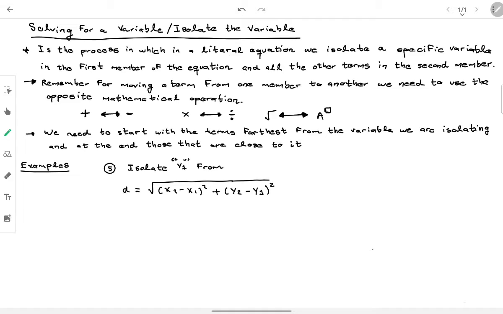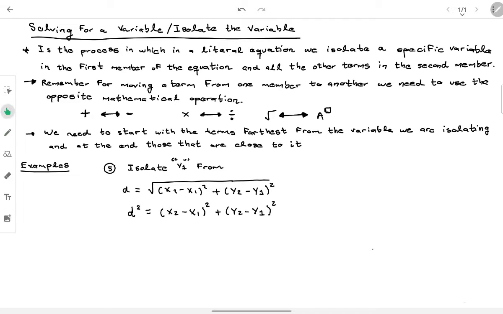First, the square root goes to the other side, and it's going to be d squared equals (x2 minus x1) all squared, plus (y2 minus y1) all squared.